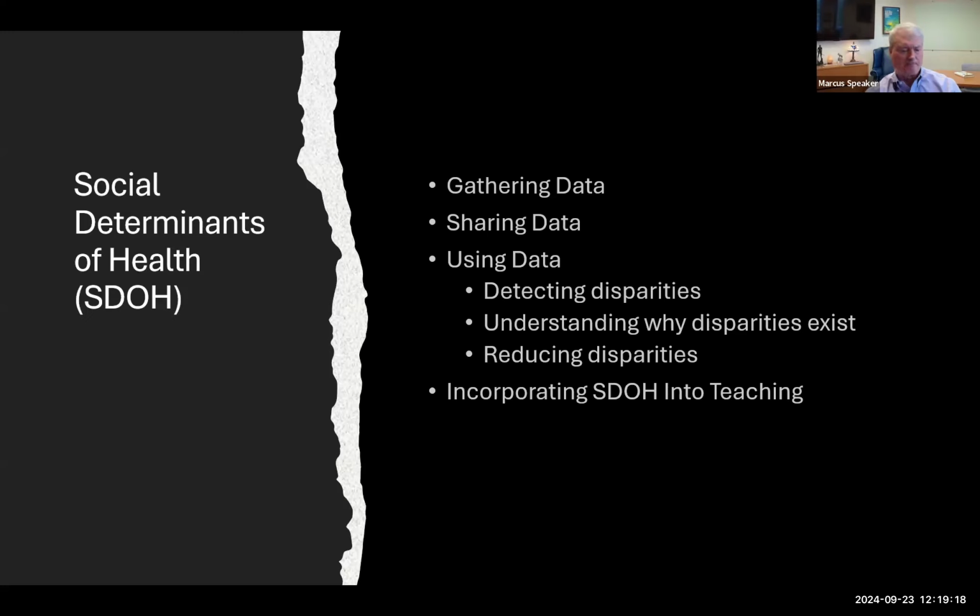And I will point out that Rush, a group practice in Chicago, has done an amazing job utilizing their social determinant of health data within their EHR. They've programmed in the back end so that when a disparity is identified, it generates a consult to a community organization that can help the patient.